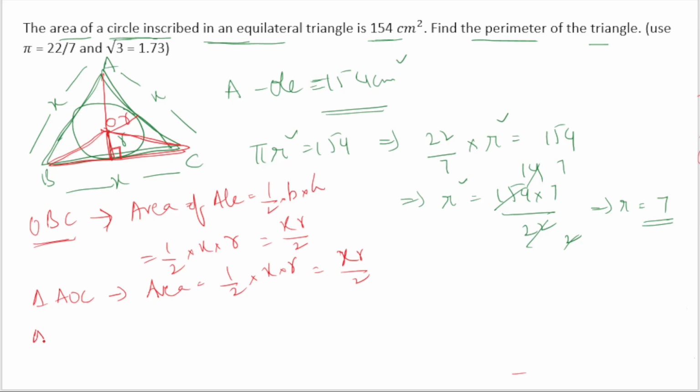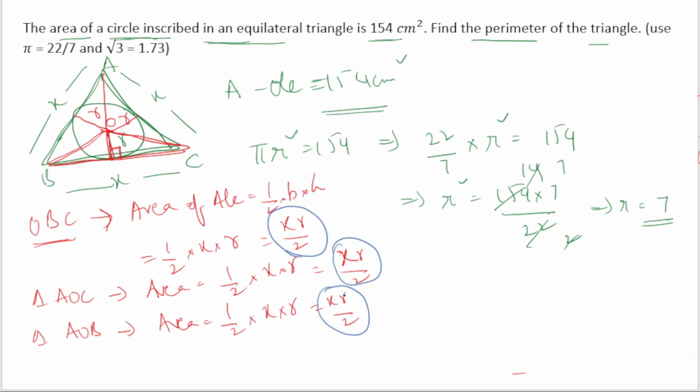And if we take the triangle AOB, there also the area is half into x into r. Here also we have radius as height. It is xr divided by 2. And if we add all these areas, we will get the area of the triangle. It is xr by 2 taken 3 times. It is 3 into xr divided by 2.